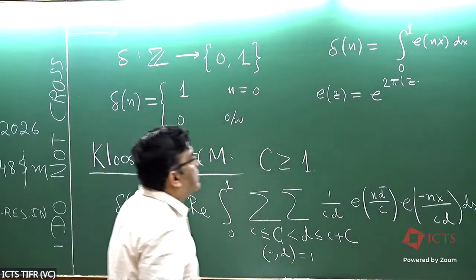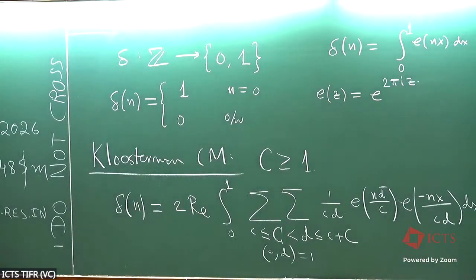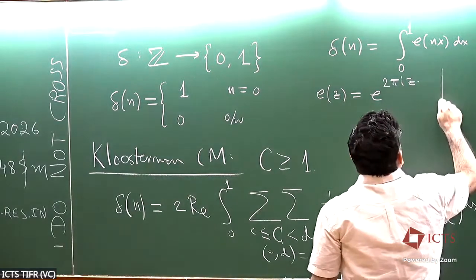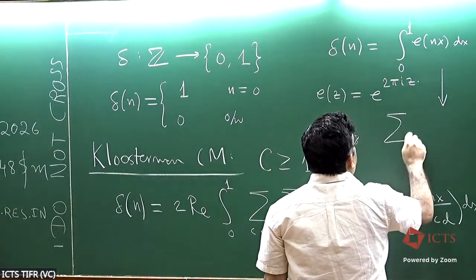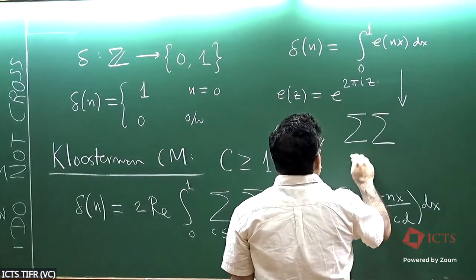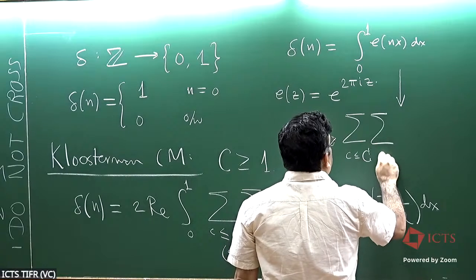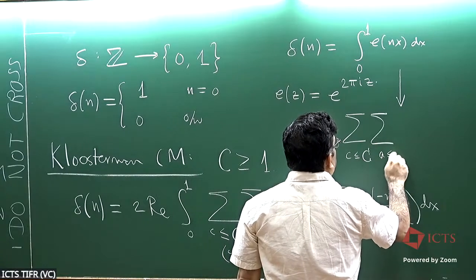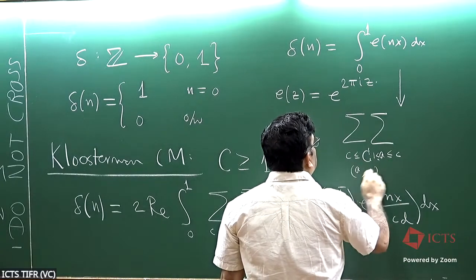So for any integer n, delta(n) is equal to that integral. And then you split it up using the Farey fractions. You take all the Farey fractions with denominator going up to capital C. So you have small c going up to capital C, and a modulo c going from 1 up to c, with a and c coprime.